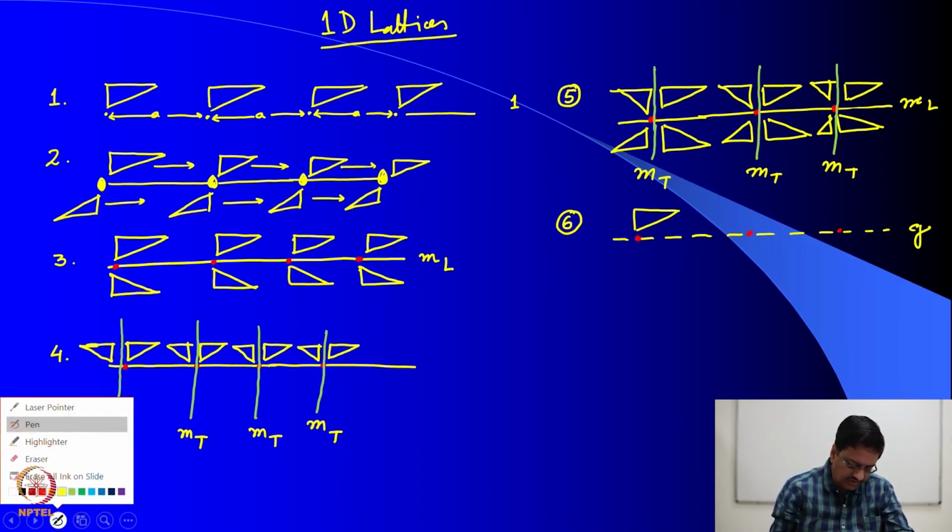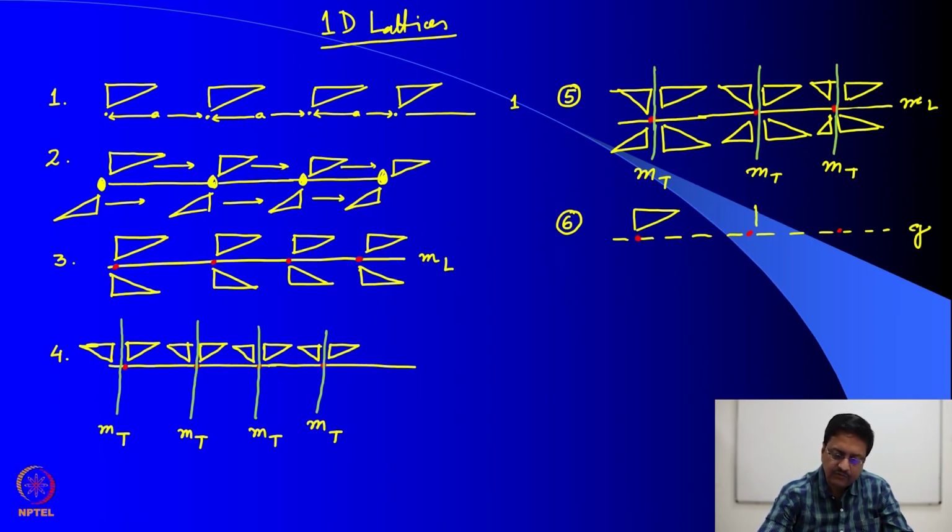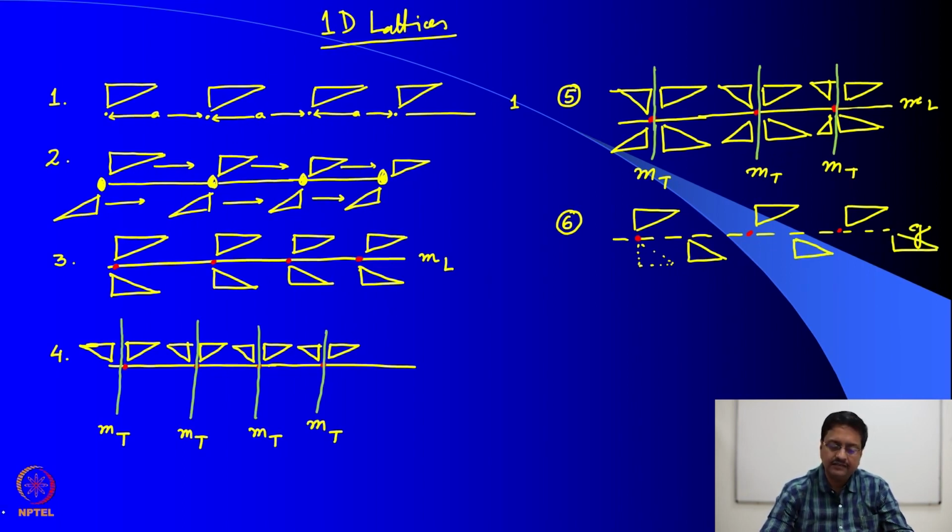So we draw the object at every one unit translation, and the glide relation is, as I already have shown, reflection followed by half translation makes the object here. So this is the glide related one-dimensional lattice.